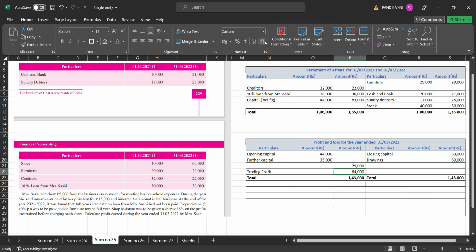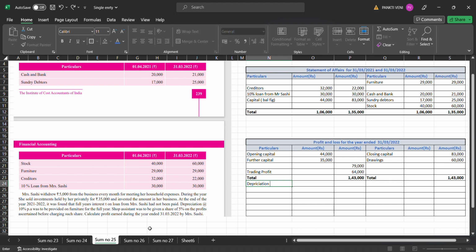After that, they have given me details of depreciation and interest on loan. See here, they have given me details for depreciation, further capital done at the end of the year, and interest on loan from Mr. Sashi. Whatever loan they have taken, you have to pay interest.